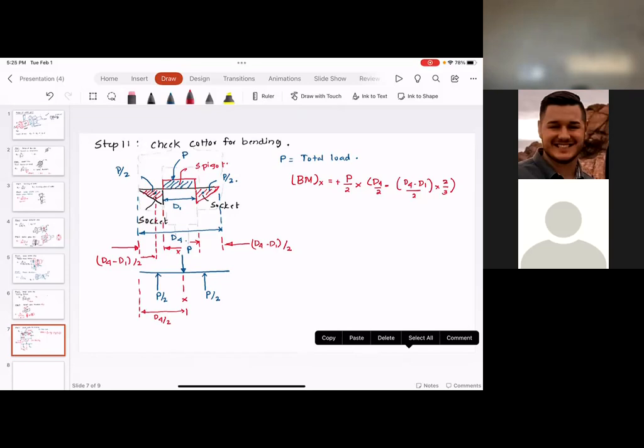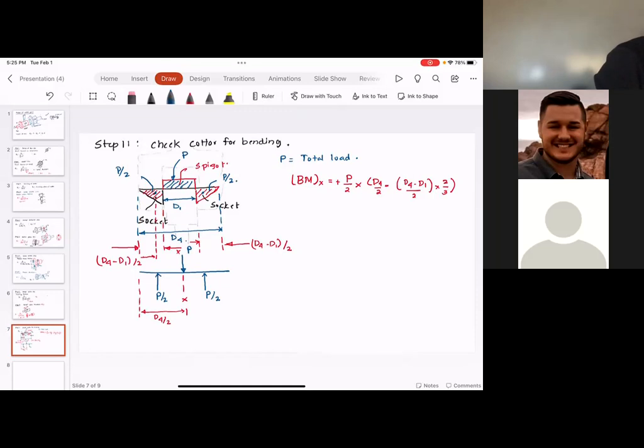Bending moment given by the triangular load is the total magnitude of the force, which is P by 2, multiplied by this distance. This distance is D4 by 2 minus this distance, which is D4 minus D1 by 2, and this distance will be 2/3 of D4 minus D1 by 2. So 2/3, that is going up.